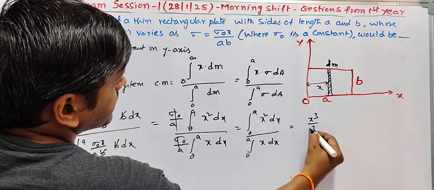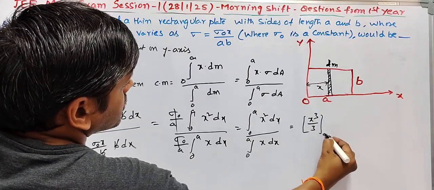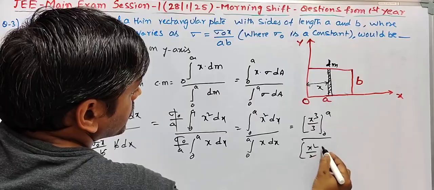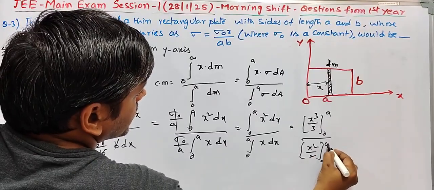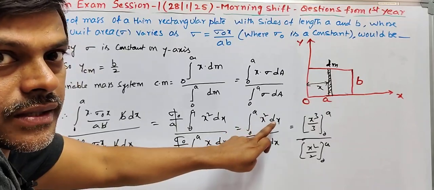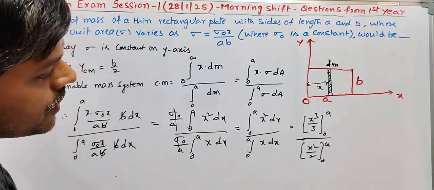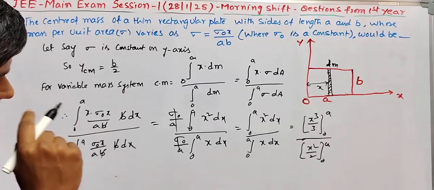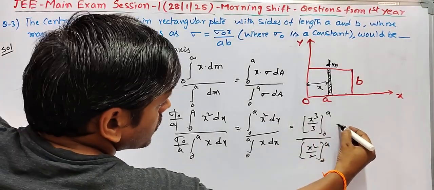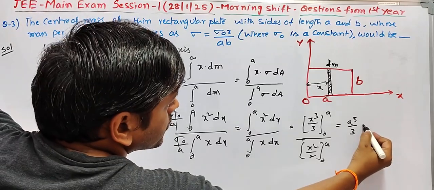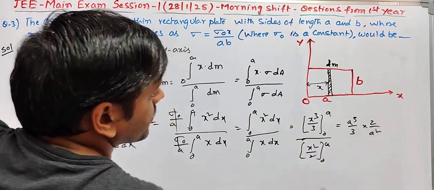Which equals x cube by 3 from 0 to A by x square by 2 from 0 to A. Okay, you know in integration, integral of x to the n dx is equal to x to the n plus 1 by n plus 1. So you get A cube by 3 into 2 by A square.